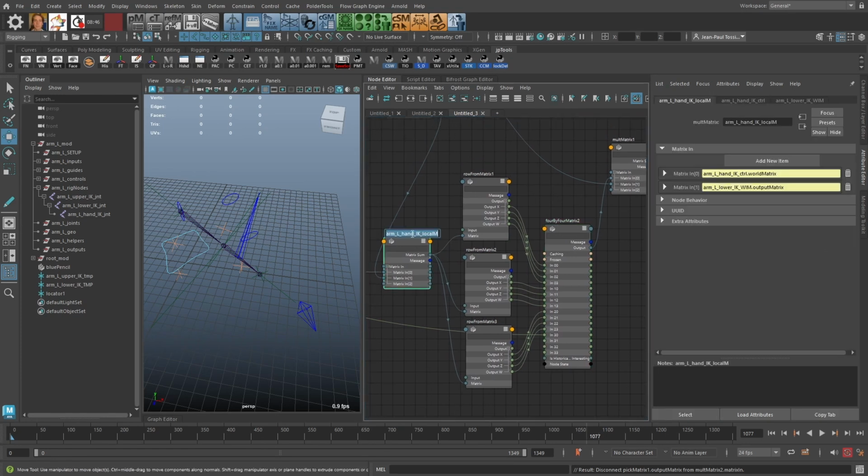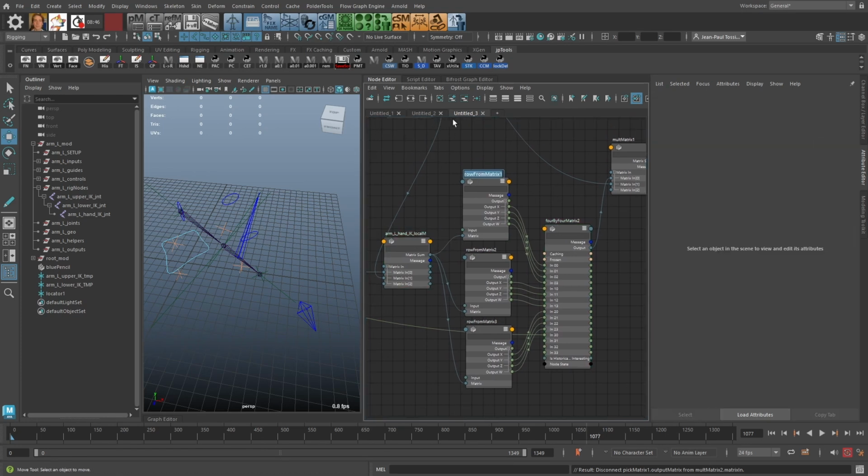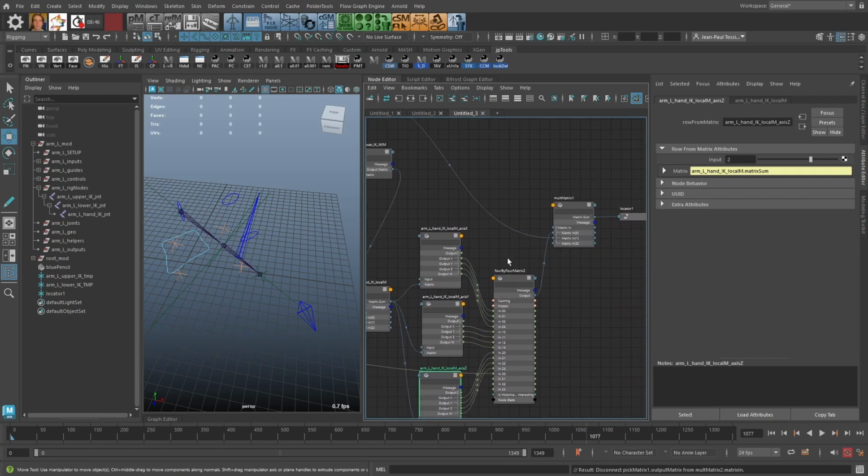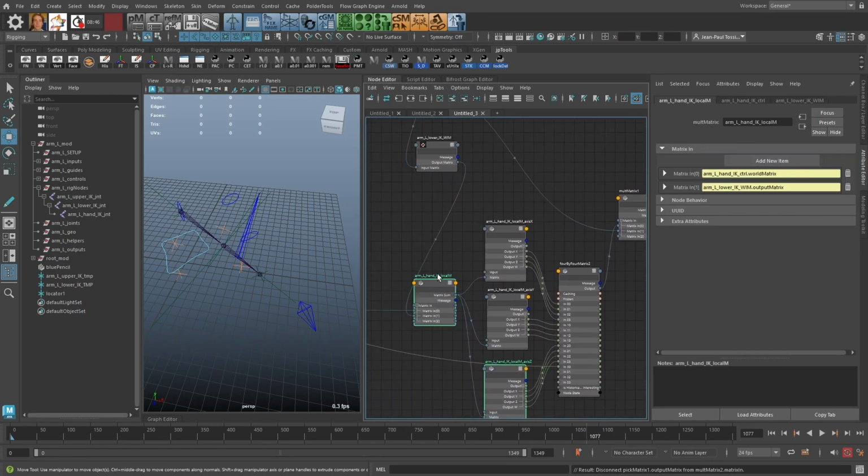Then for naming, let's call this x is x, and this x is y, and this one x is z, and this is then the IK local matrix.